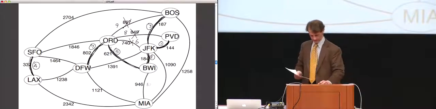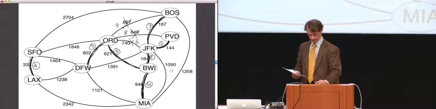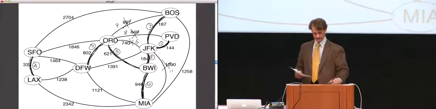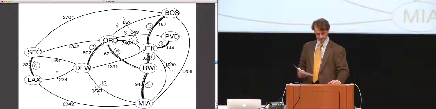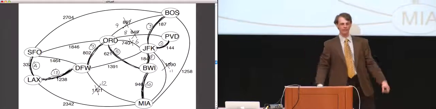The 10th edge brings Miami into the graph because Miami is not yet connected to anyone else. The 11th edge, nope, already connected. The 12th edge is here, nope, already connected. The 13th edge is Los Angeles to Dallas-Fort Worth. That one actually, they're not connected yet, so we add them.